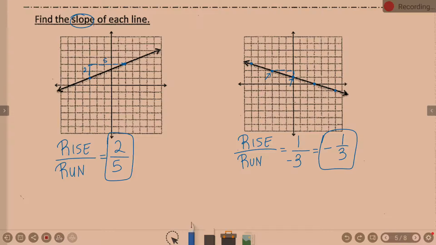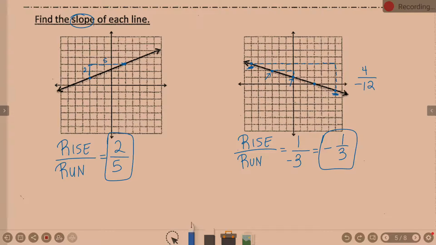Now, real quick, what if I picked 2 different dots? Same thing. You would have ended up with the same thing. If I would have instead picked dots that are way far apart, it would still work. Yeah, because you just reduce it. Because here if I go up 1, 2, 3, 4, and then if I run 1, 2, 3, 4, 5, 6, 7, 8, 9, 10, 11, 12. 12 left is -12.